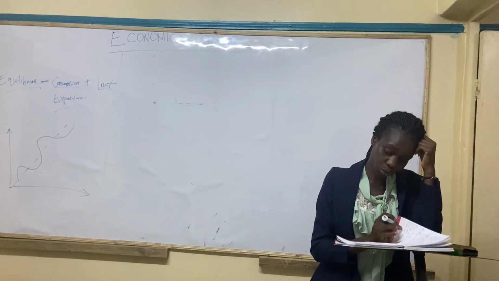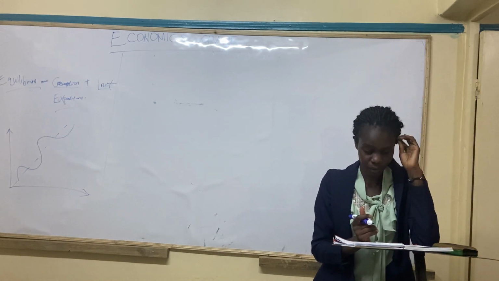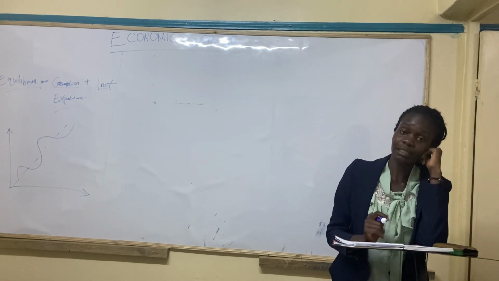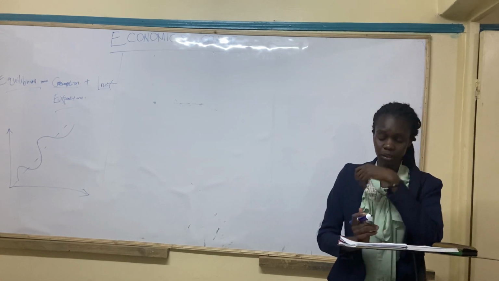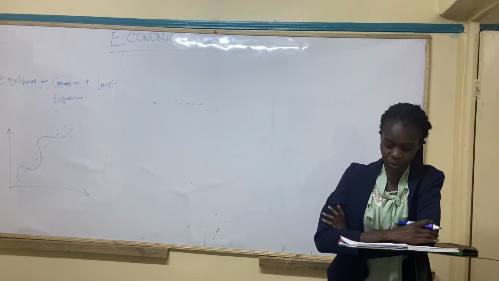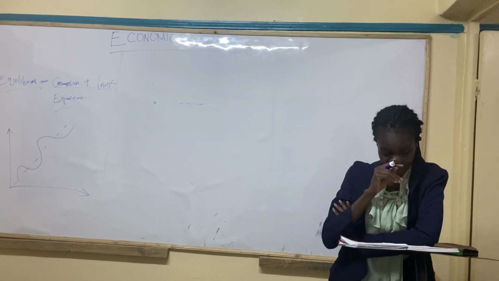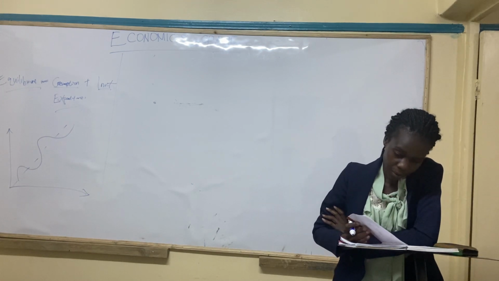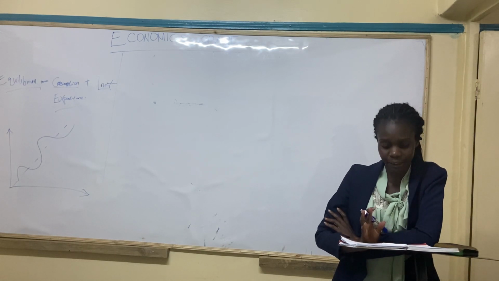So we are going to topic number 5 on economics, that is money and banking. In topic number 5, we are going to define what is money, characteristics of money, demand for money, and motives for holding money.